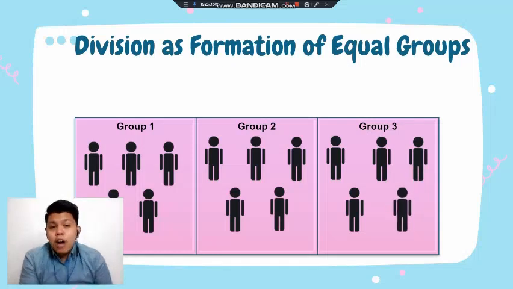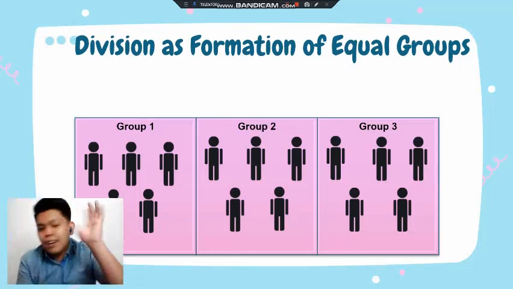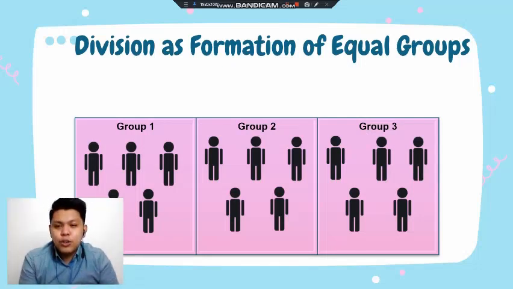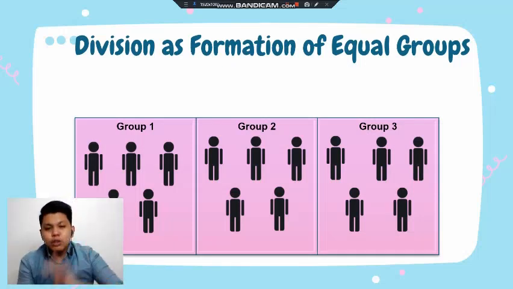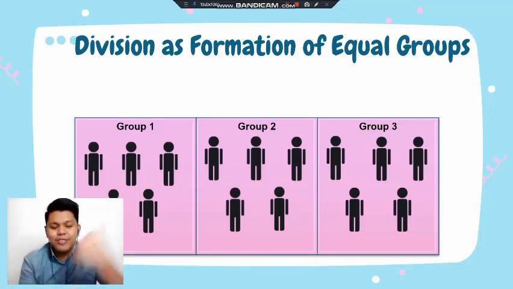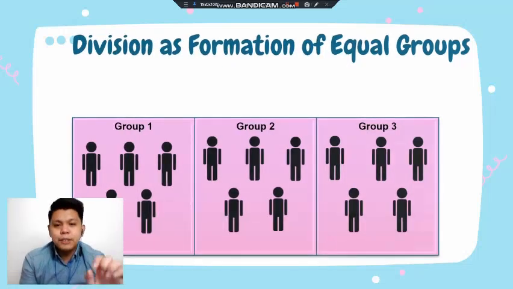Now, how many members are in each group? So we have 5. So 5 members in each group. So we form 3 groups with 5 members each.